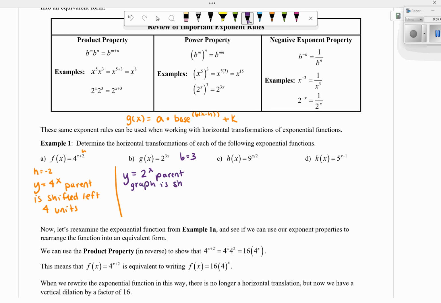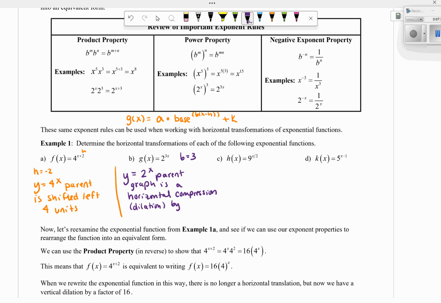It is dilated, a horizontal compression, or you can say dilation, by 1/3.